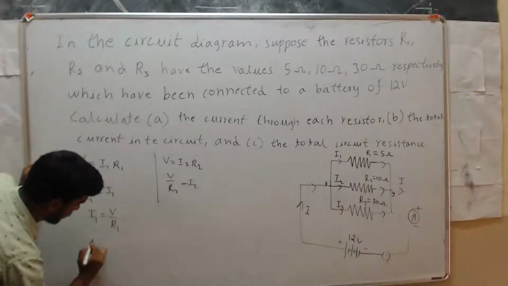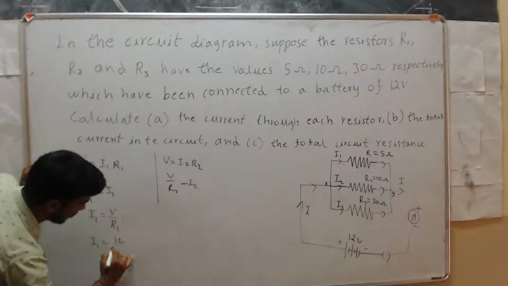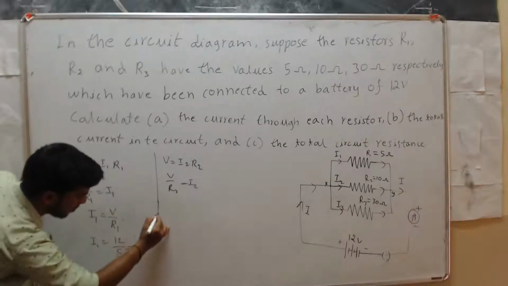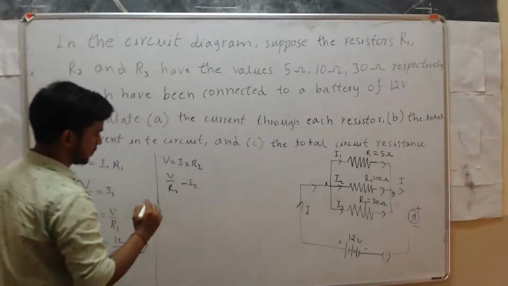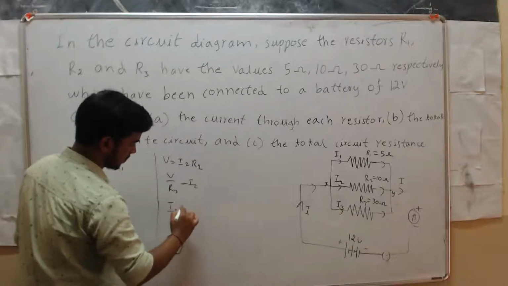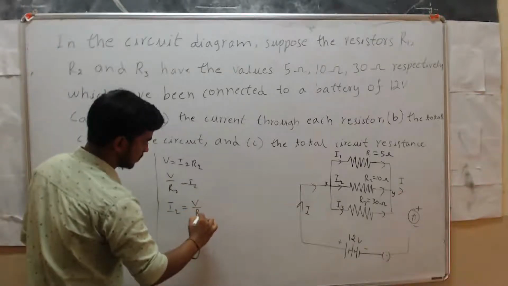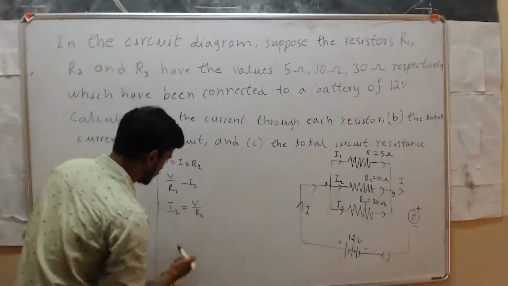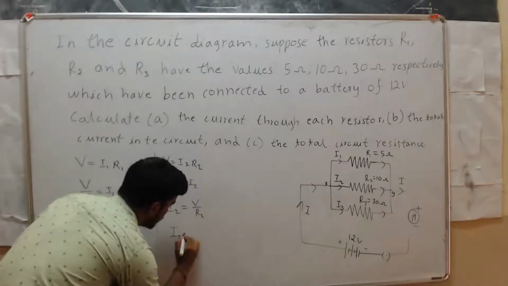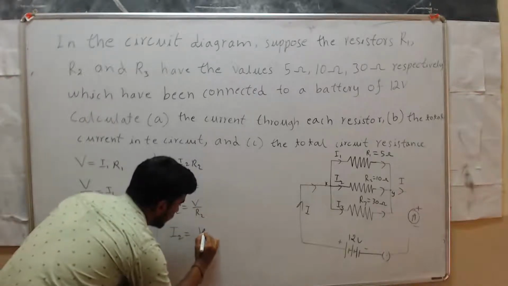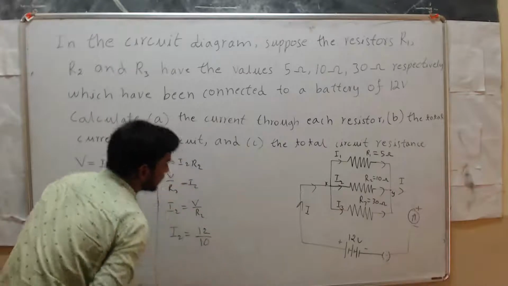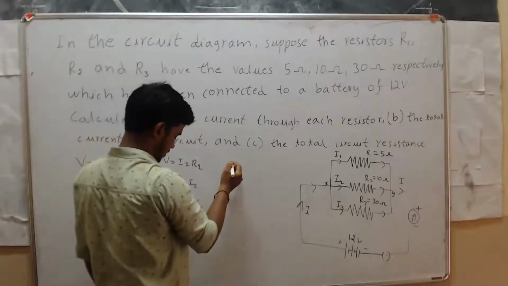Here I1 is equal to 12 divided by 5. So I2 is equal to 12 divided by 10.